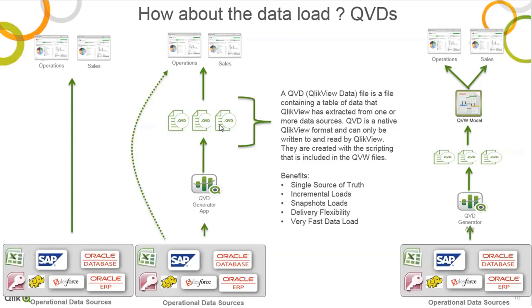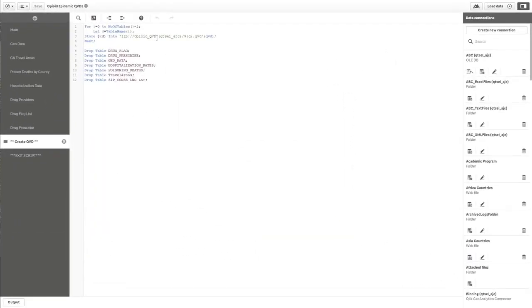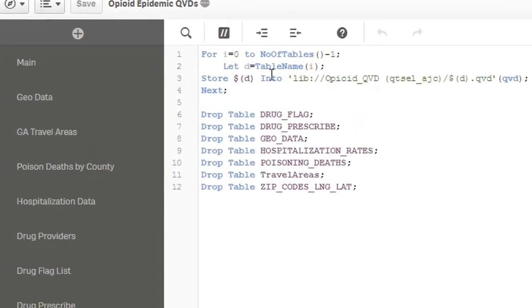In your QVD generator app, once you've created and transformed all of your various tables, you simply add a couple of lines of script like you see here. Okay, so what this is telling Qlik to do is to loop through the application, and for every table that it finds, create a QVD with that table name and store it in this particular path, which is simply a folder on my computer.